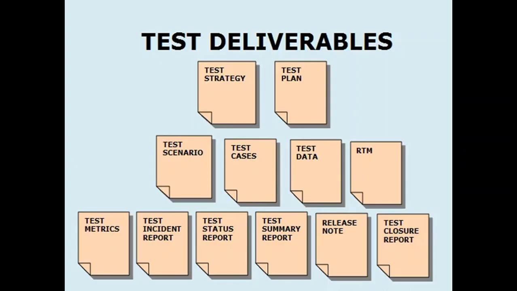Here you can see a few of the test deliverables which have to be produced as part of your testing process. You have the test strategy, the test plan, which is the document itself, the test scenarios, test cases, test data, your requirement traceability matrix, test metrics, incident report, status report, summary report, release notes, and your closure report.